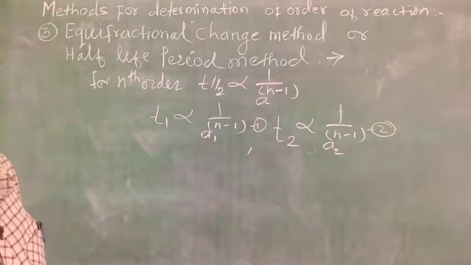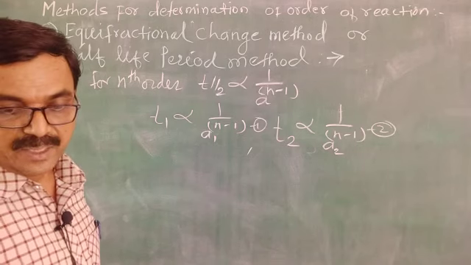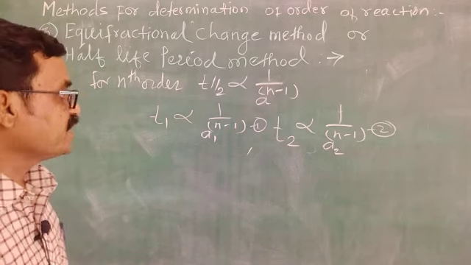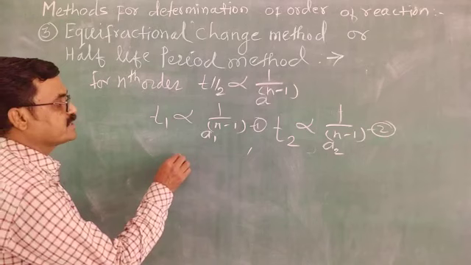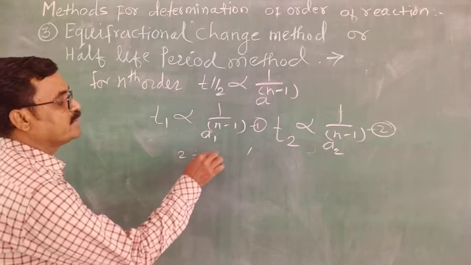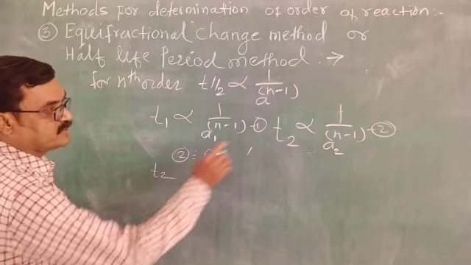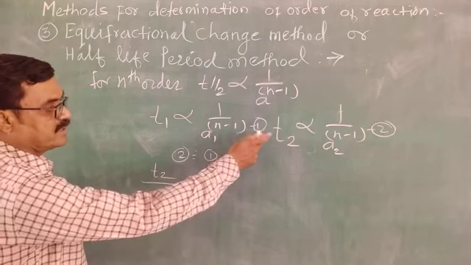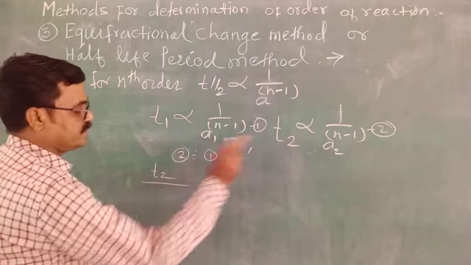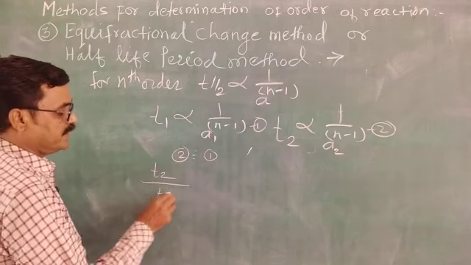Now from this, equation 2 upon equation 1, that process is carried out, 2 divided by 1. Now what is 2? T half, T2, that is half life period T2, here half life period T1.